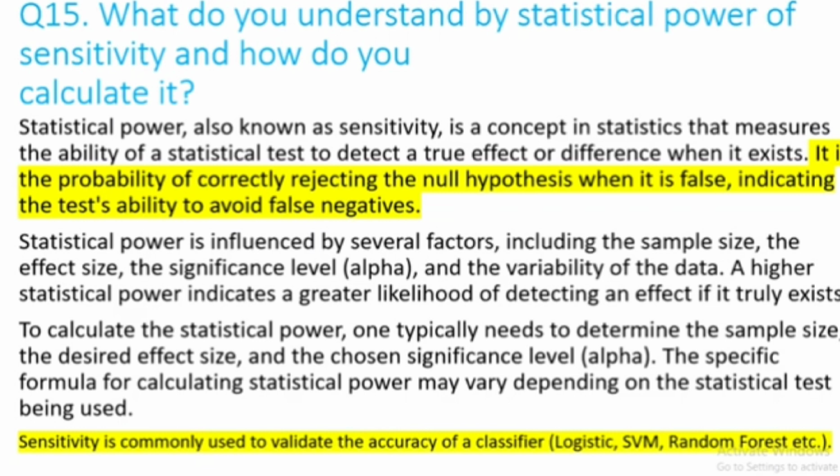To calculate the statistical power, one typically needs to determine the sample size, the desired effect size, and the chosen significance level. The specific formula may vary depending on the statistical test being used. Sensitivity is commonly used to validate the accuracy of classifiers such as logistic regression, SVM, random forest, etc.